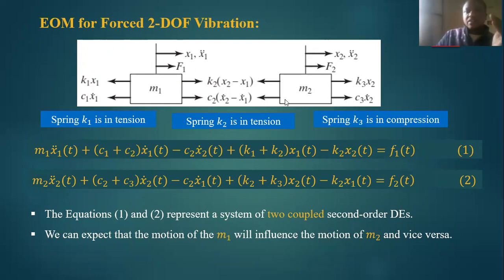So that means this system is in tension. Spring K2 is in tension means the relative displacement x2 minus x1 is positive. That delta is positive means the whole system is moving towards the stiffness. So K3 is in compression. That means mass 2 is pushing K3.